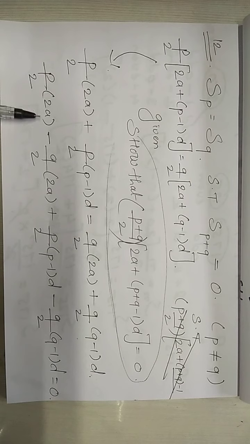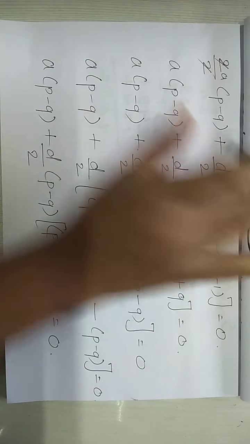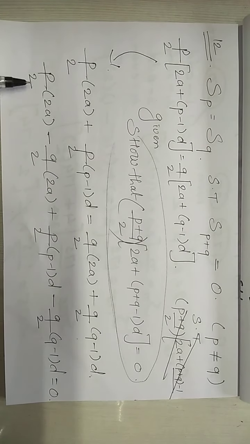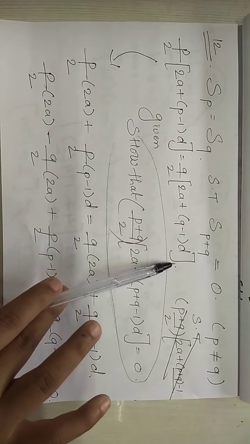Now what we will do is we will remove 2a common from here. They both are having 2a, so we remove 2a common. So 2a comes out common and also 2 is common in the denominator, so 2 also comes out common. In the bracket we have p minus q left.